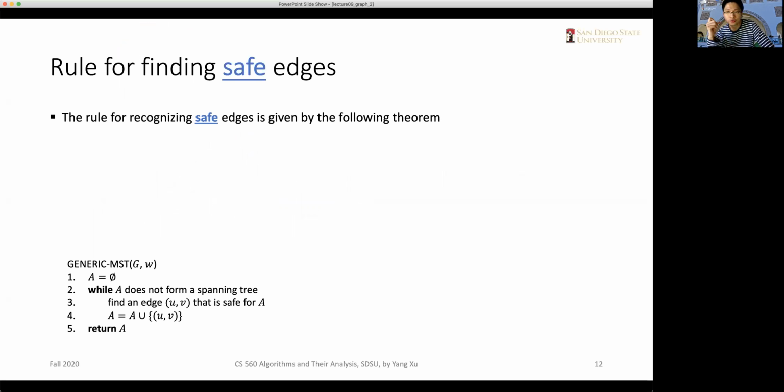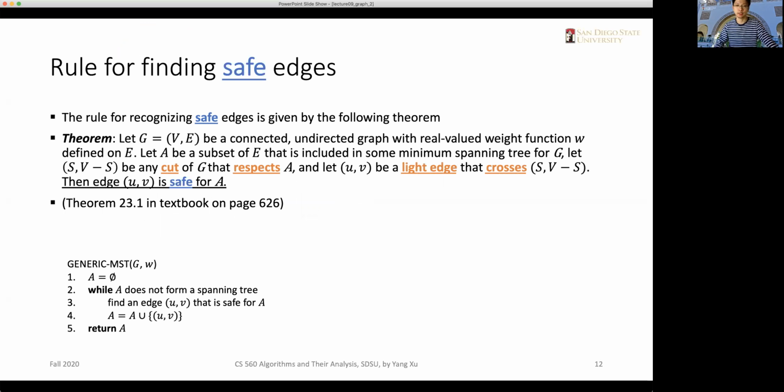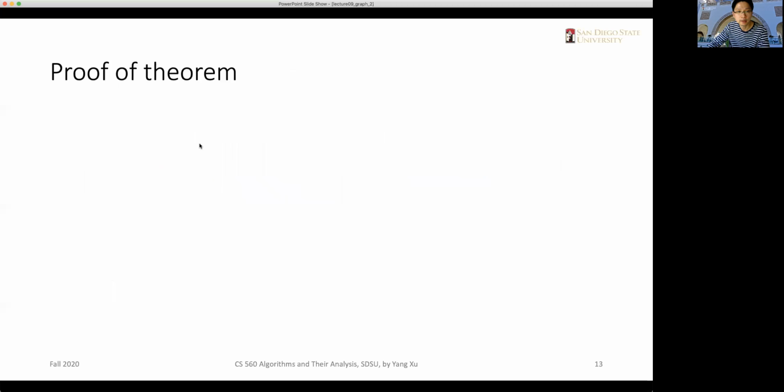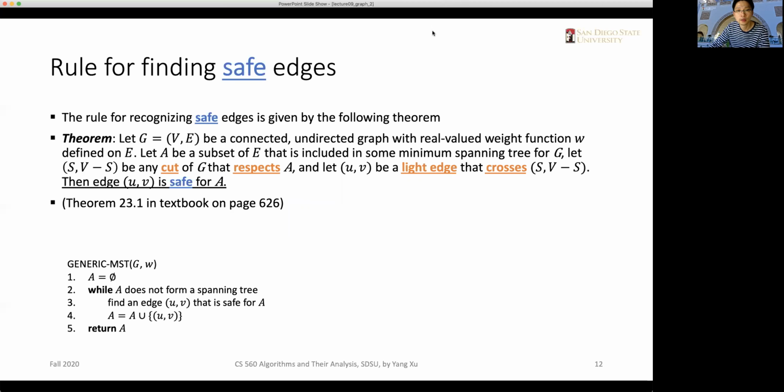The rule to recognize the safe edges can be given by the following theorem. It's quite a bit of text, but you will find that it actually makes sense. Given the graph G and the weight function W, and A is a subset of the edges that is included in some minimum spanning tree.